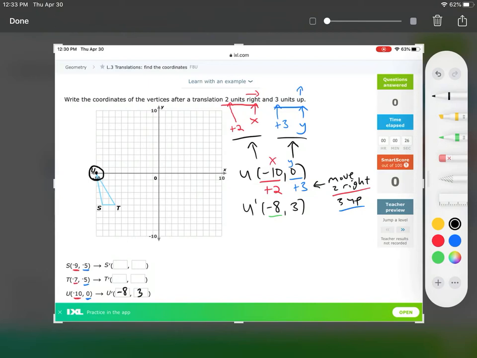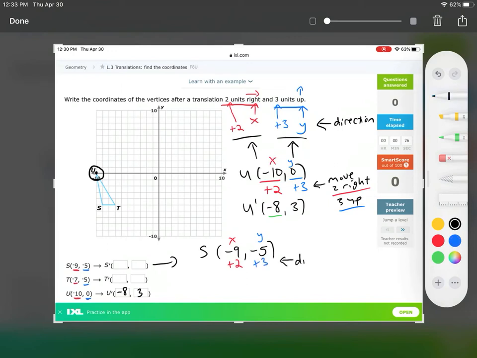Let's do another one. How about S? So S, the X is -9, the Y is -5. So I'm just going to color code that. This is the X and this is the Y. Again, here are the directions. If I'm going to move 2 to the right, I'm going to add 2. And if I'm going to move 3 up, I'm going to add 3.